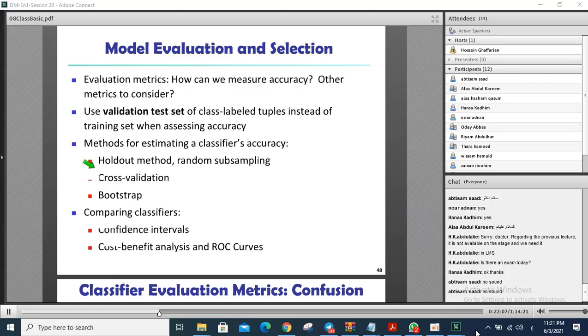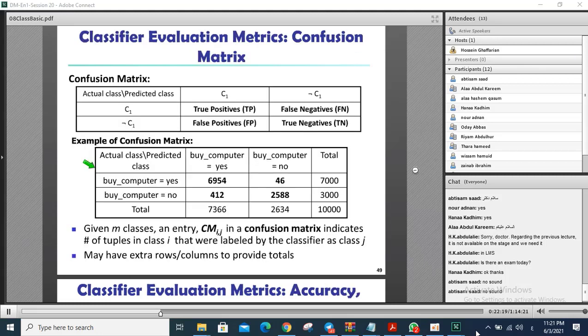Or we should make a cost-benefit analysis and ROC curves to show if a proposed method is good, yes or no. If a proposed method is cost effective, we need to define some measures to answer these questions.